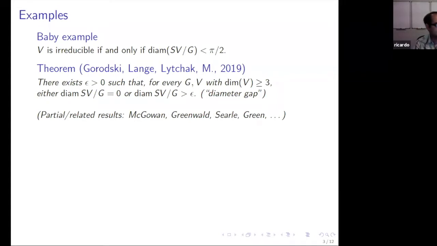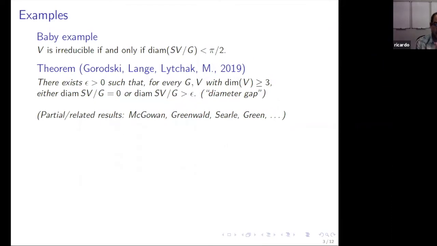In the sense that the diameter of the quotient of the sphere by a group, S^V mod G, is either 0 when the action is transitive on the sphere, but if it's not transitive, this diameter is always bigger than a universal constant epsilon. This universal constant doesn't depend on anything, not on the dimension of the vector space or on the group. Okay, so there's a gap there, right?